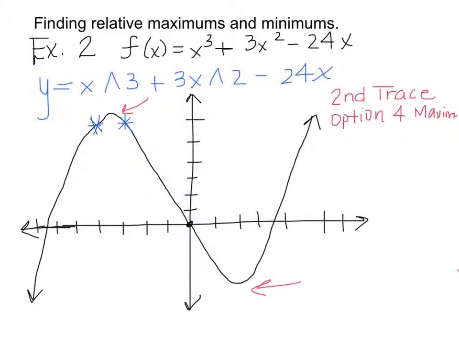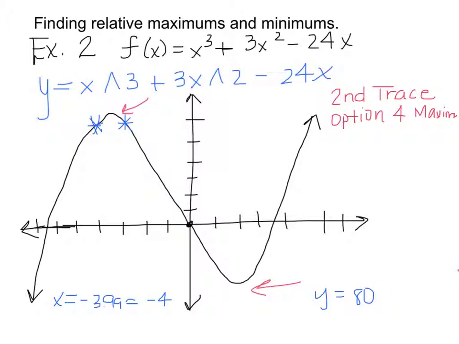And you should have gotten, on the bottom of your screen, x equals negative 3.9999 repeating, which is negative 4. And then your y coordinate will probably say 80.